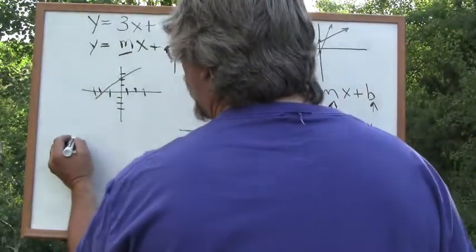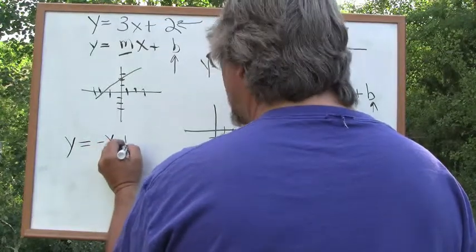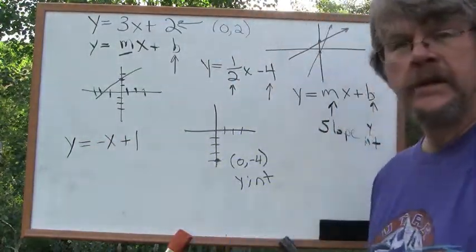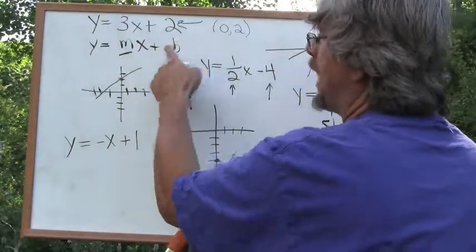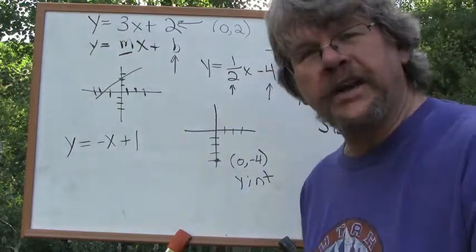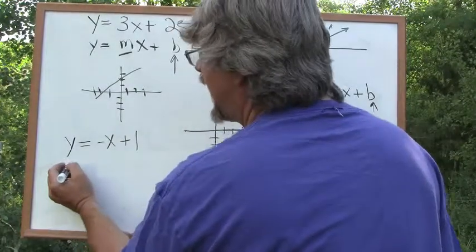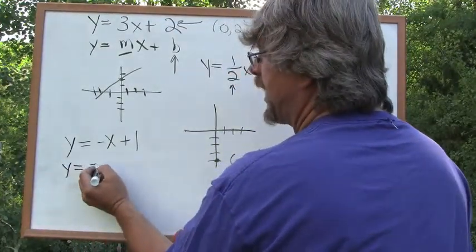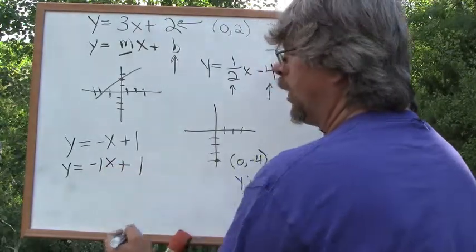What if we're told that y equals -x plus 1? And you say, well, wait a sec, this is the same form, y equals mx plus b, but there's no m here. Ah, but there is. Remember, the -x implies that there's a -1x plus 1.